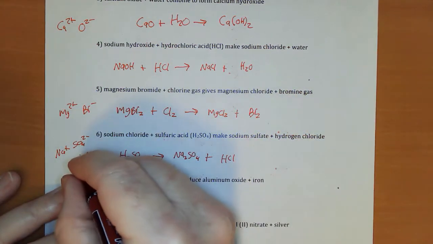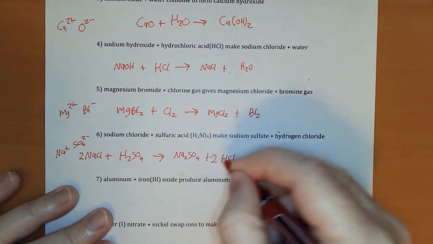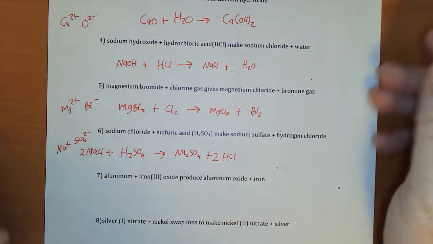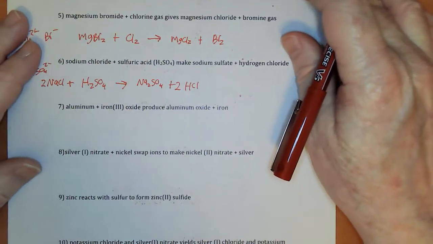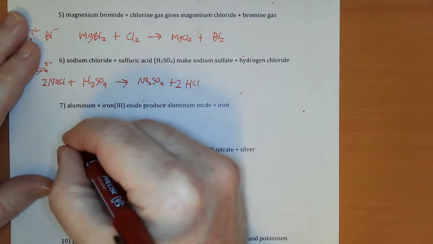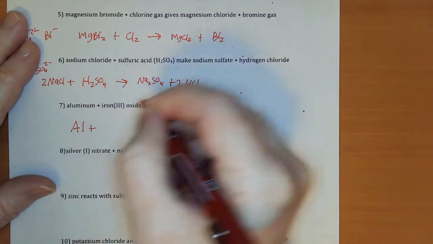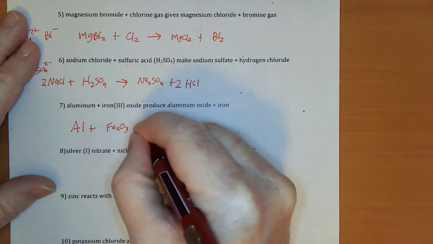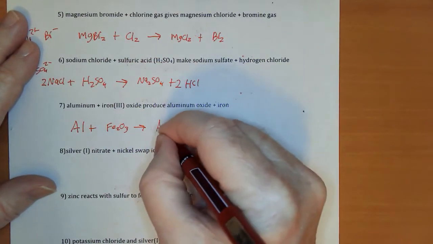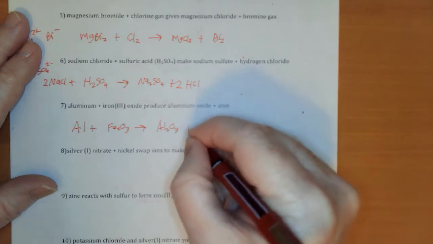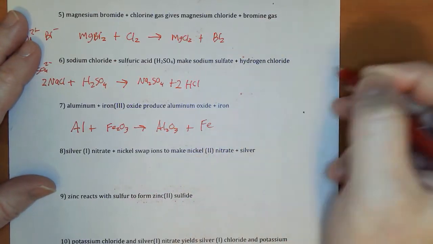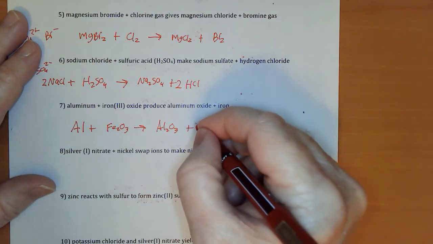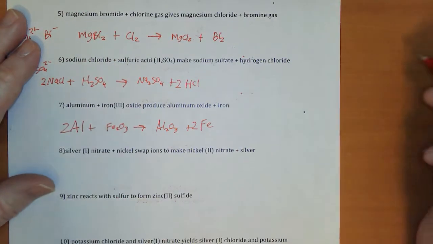All right, we're going to have to put a 2 there, and a 2 there to make that balance out. All right, aluminum, Al, plus iron 3 oxide, which is Fe2O3, to give me aluminum oxide, Al2O3, and iron, Fe. So I'm going to need to put a 2 there and a 2 there. Okay.